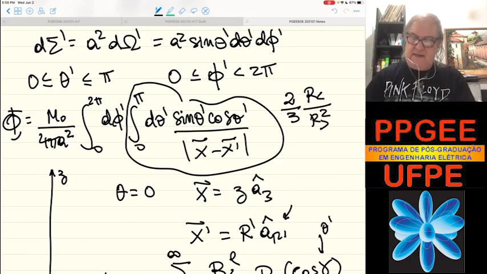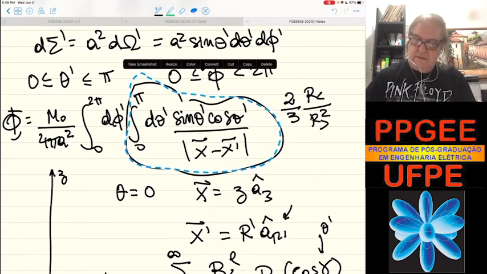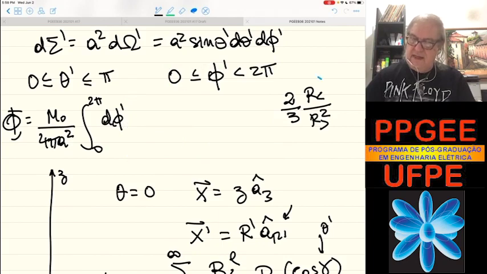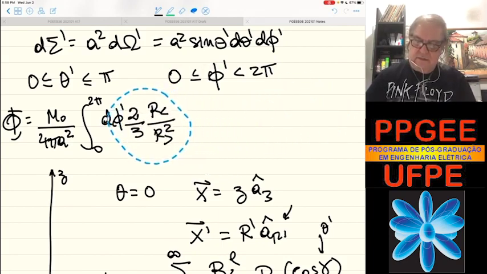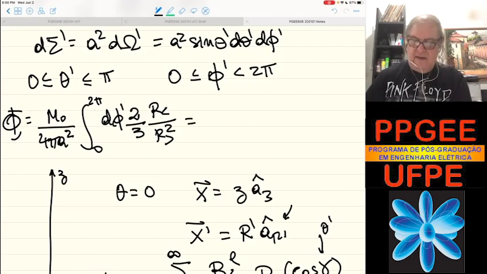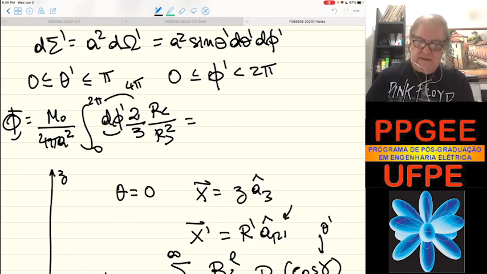So I'm going to erase this thing here. Put this guy there. So the potential is going to be, the phi integral is going to be 2 pi, right? So it'll be 4 pi here.